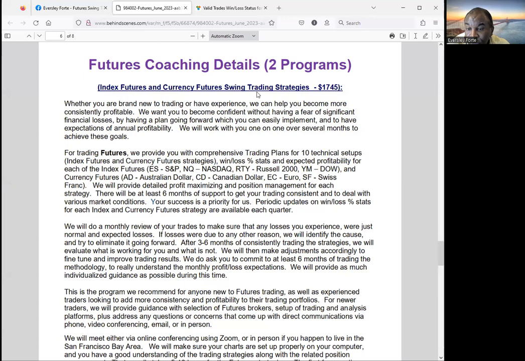The currency futures you can trade in a smaller account, and it works really well. You need a slightly bigger account for index futures because the risk might be anywhere between $300 and $1,000 per contract on the micros. For the Australian dollars, it's just a couple hundred, so you can trade a lot smaller. But the strategies are comparable to what we saw today.